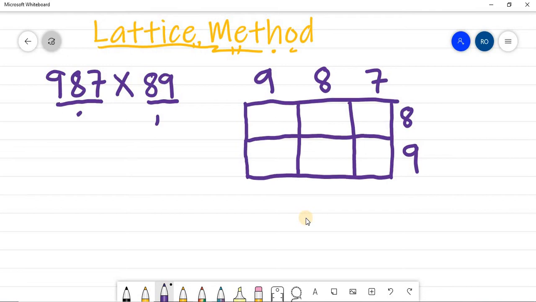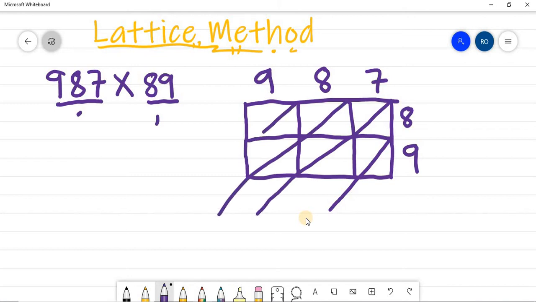So we have to draw a diagonal line across each box. Now take note, each space is good only for one digit. So let's start finding the product of 987 and 89 using the lattice method.